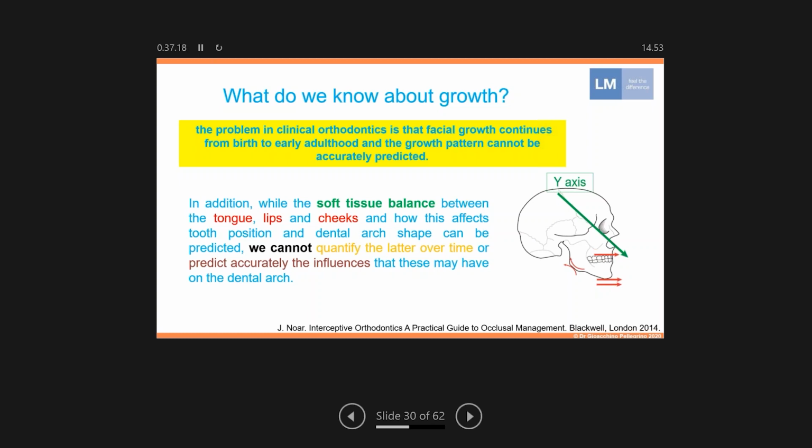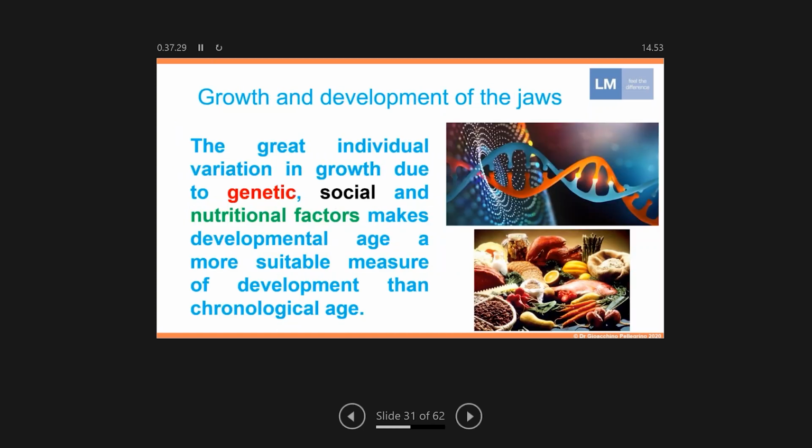But it is really very complicated to define beforehand the amount of growth and predict the exact way in which the growth will go, because we have different genetic, social and nutritional factors, and in particular today we know that nutritional factors, the food, are really very important to manage everything.